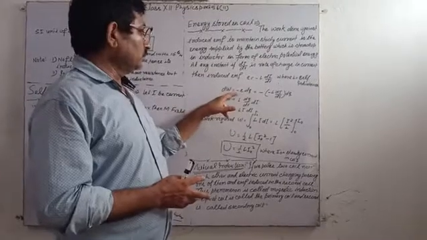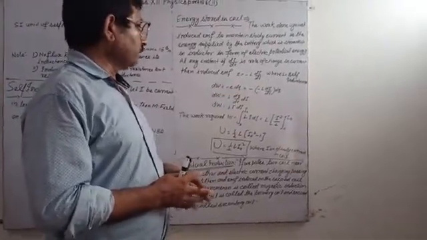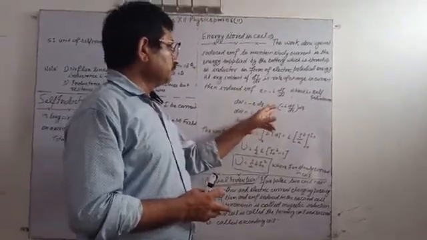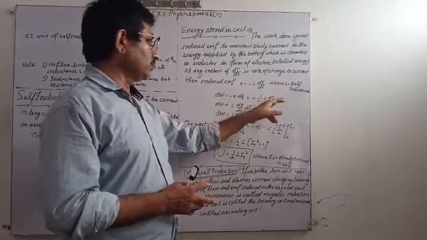dW equal to minus E dq, where dq is a small amount of charge. Put the value of E, minus L dI by dt, into it.